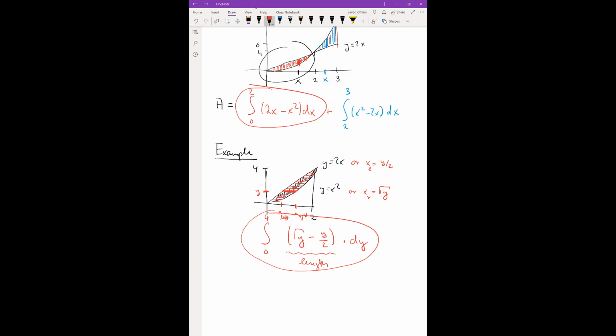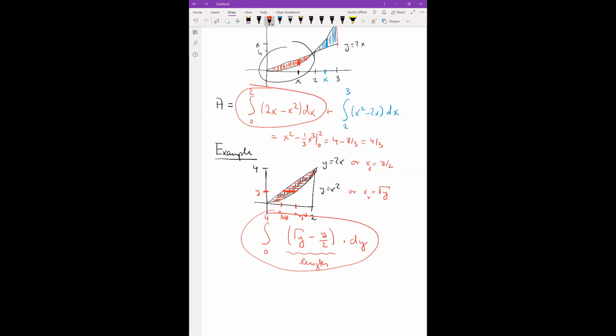So let's compute with the fundamental theorem what this is. The antiderivative of 2x is x squared. The antiderivative of x squared is 1/3 x cubed, where you plug in 0 and 2. So it's 4 minus 8/3, which is the same as 4/3.